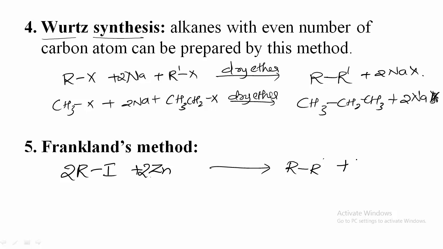Then we will get the alkane along with zinc iodide. So this is one method to prepare the alkanes, Frankland's method, which is especially used to prepare the alkanes from alkyl iodides in presence of zinc. So these are the named reactions. Frankland's, Wood's, these are the names of the scientists, and you have to remember these named reactions.